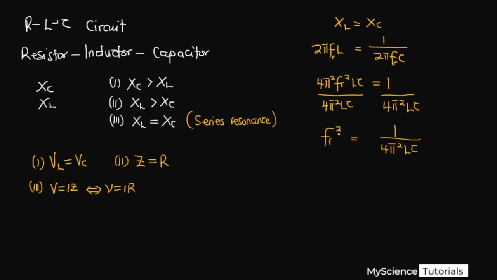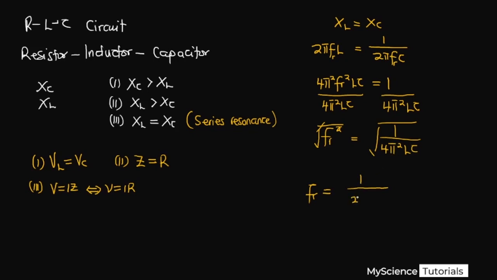Now, to get rid of the square sign which is attached to the resonant frequency, we bring a square root, then a square root over here. So this cancels this. So we have the resonant frequency equal to the square root of 1, which is still 1, over the square root of 4 pi squared.